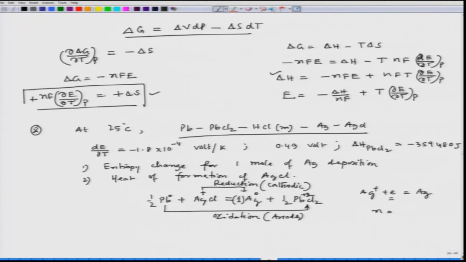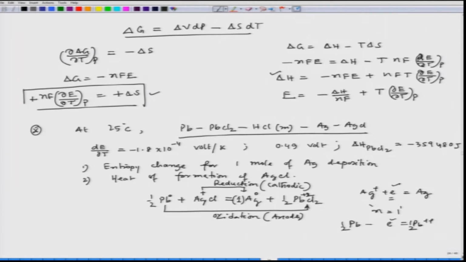So, N would be 1 here, and accordingly it is adjusted. Pb minus 2e equals Pb2+. If I put half, this becomes 1, so this 2 would get cancelled, and now we see that the charge conservation is followed.